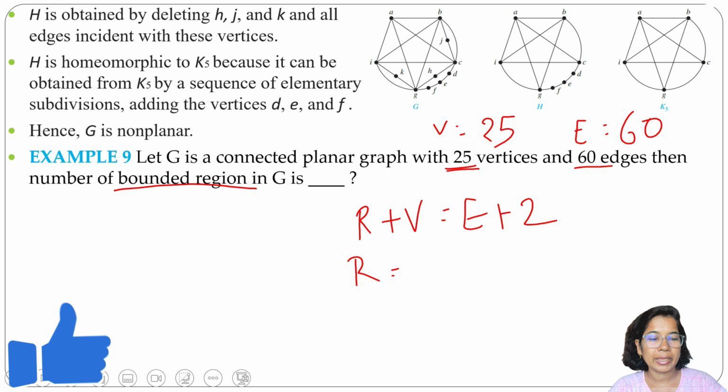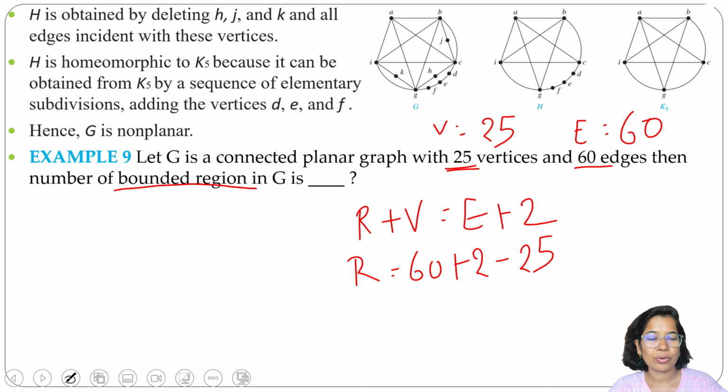So R will be E plus 2 minus B. What is E? 60 plus 2 minus 25. 60 minus 25 is 35. 35 plus 2, it's 37. So total number of region equals 37, but as it is asking bounded region, there will be one unbounded region and rest are bounded region. So number of bounded region equals 36.